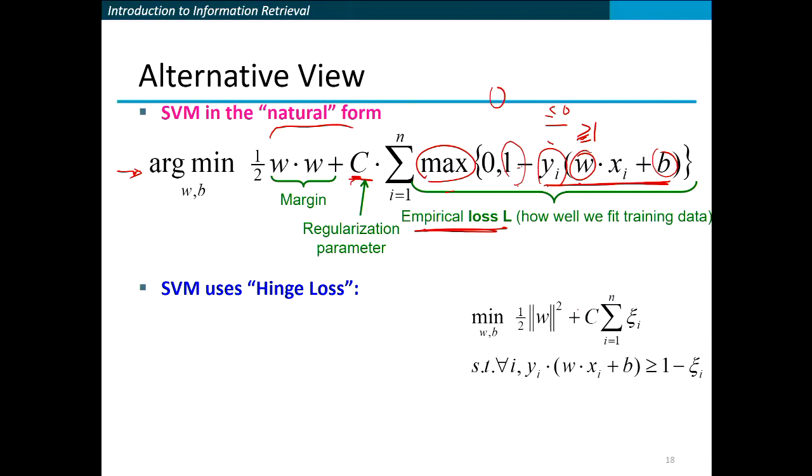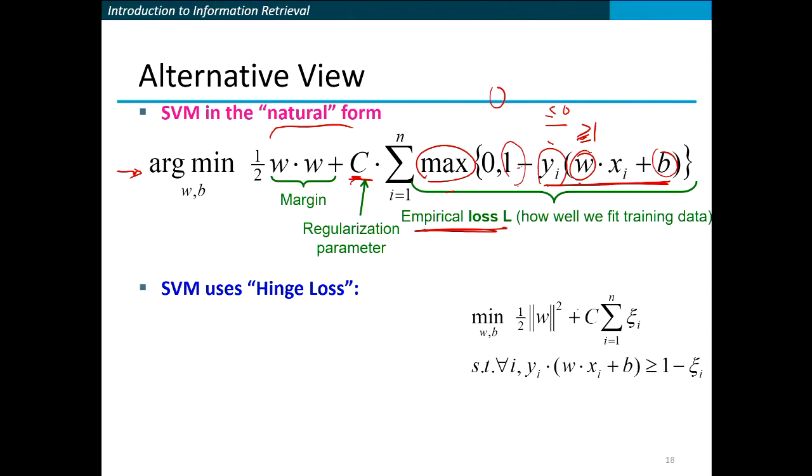In other words, because of the max, you can arbitrarily push a positive example very far away from the hyperplane, but as long as it's more than one distance away in the functional sense, you don't suffer anything.